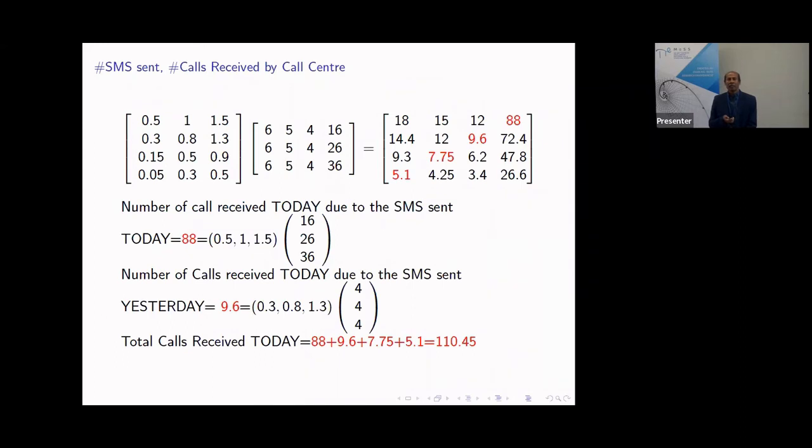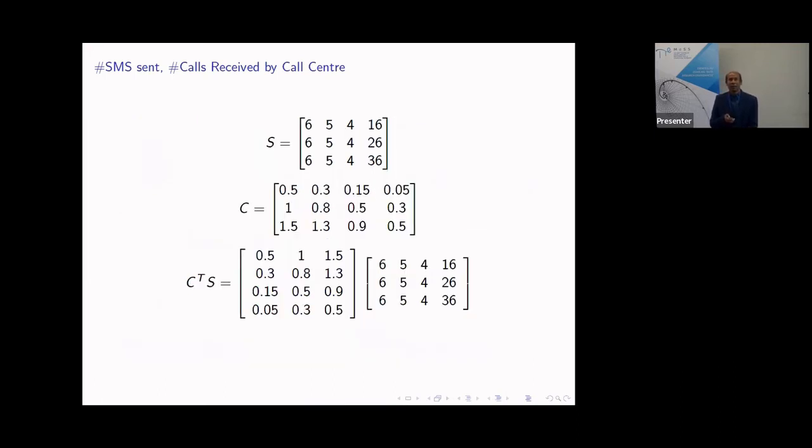So that's how I determine the total number of calls, because I have a model, and that model involves the C matrix that came from the regression we did.